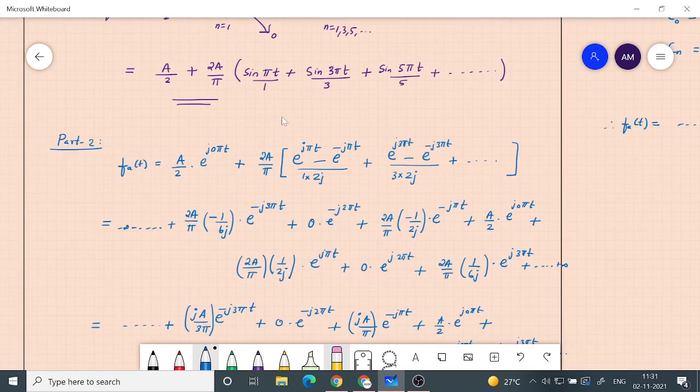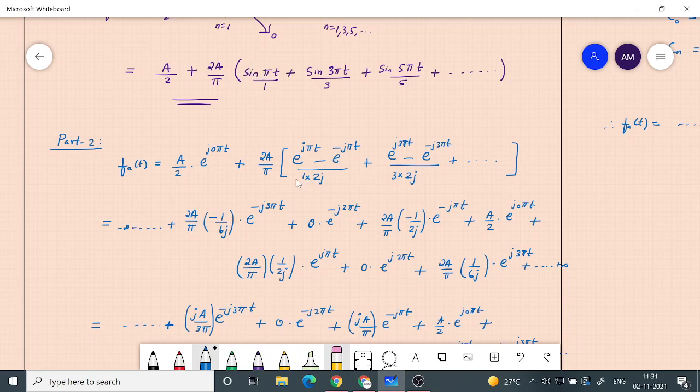What I showed here is a method: if the trigonometric Fourier series is already available to you, then you can transform that to exponential Fourier series. That is what I was showing you through this problem, because you can express the sine function in terms of the exponential function. So I just used that formula.